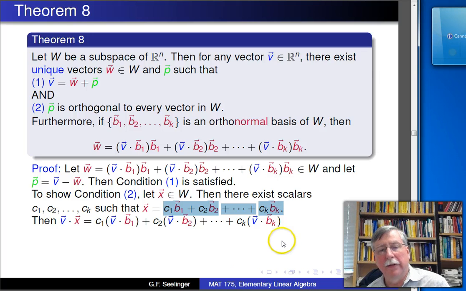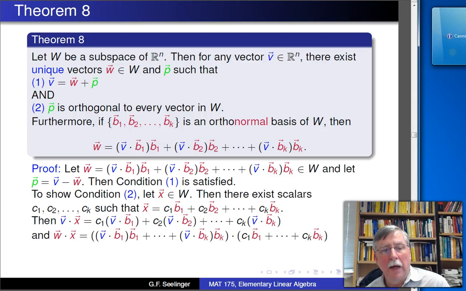Using the properties of the dot product, I distribute V so that I get the dot product with each one of these. And if I do W dot x, I put in this expression for W, because W up here is given by that expression. So I just substitute that in.